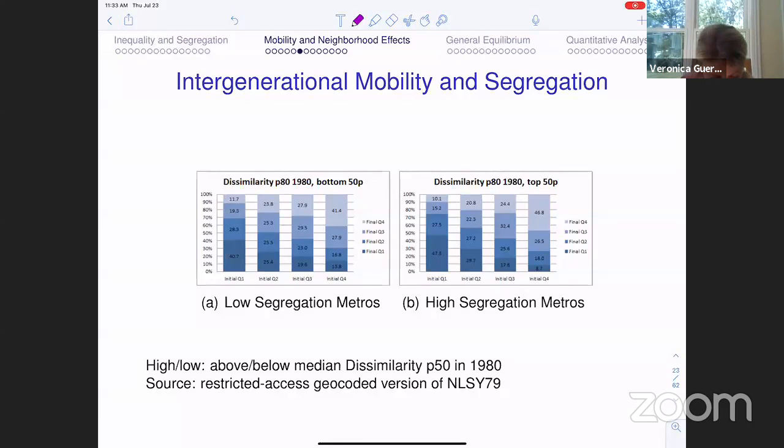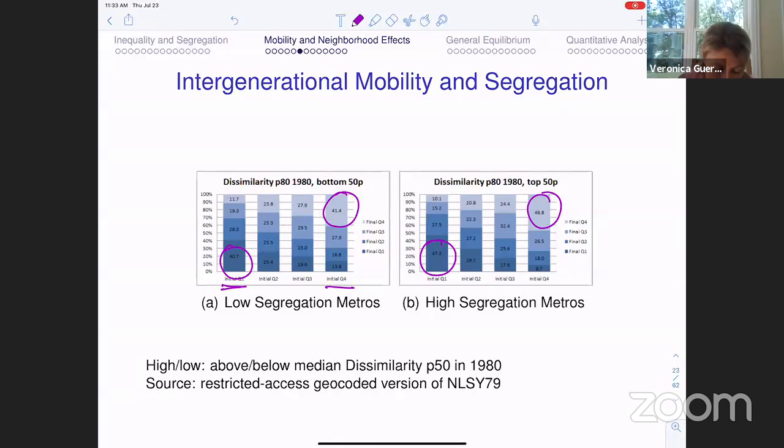And for some reason, I'm sorry, this is reversed. So we have the first quintile on the left and the highest on the right. So you have to focus on the top right and bottom left to look at the ones that should be high if there is low intergenerational mobility. So again, here the top right is the probability that if your parent is in the fourth quartile of the distribution, your child is still in the fourth quartile of the distribution, okay?